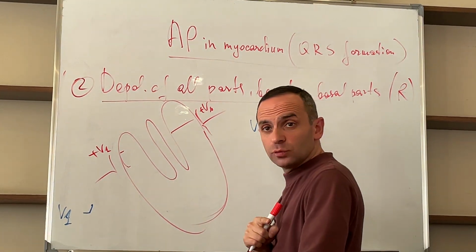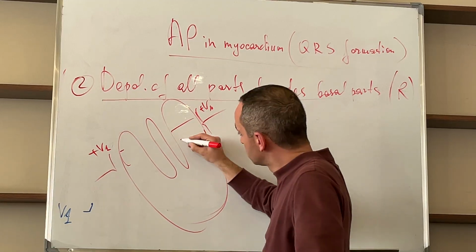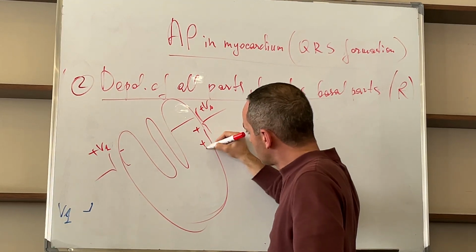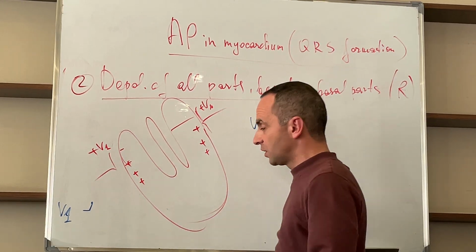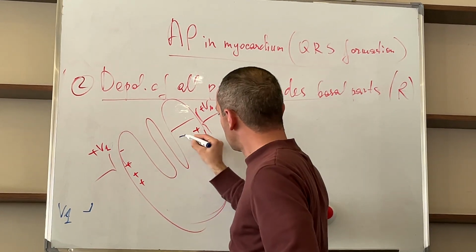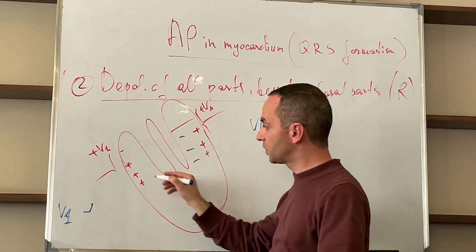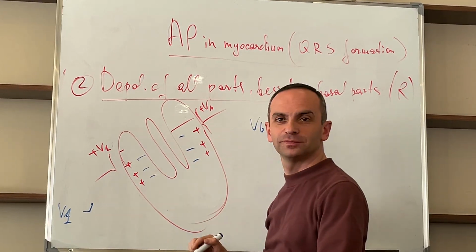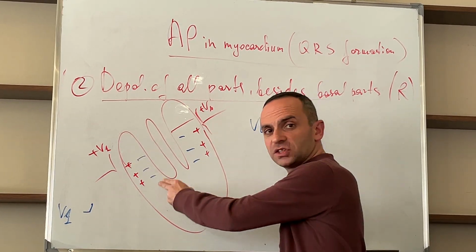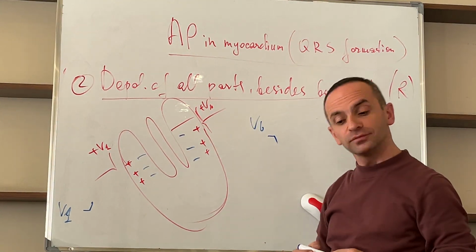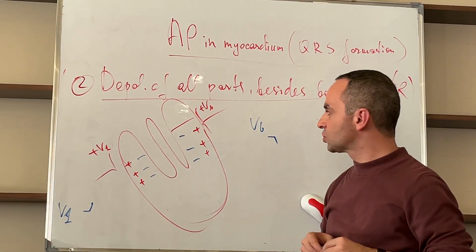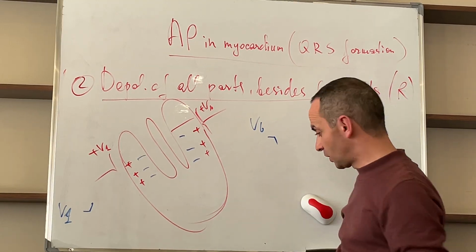From subendocardium to subepicardium. Everything was positive, and the depolarization starts, minus, minus, minus, endocardium to epicardium. For the right ventricle, it is like this, from subendocardium to subepicardium, here is the epicardial, external part. So we have two vectors at the same time.